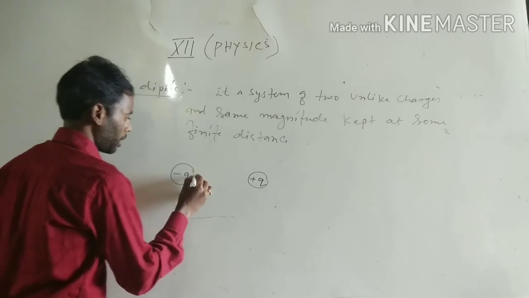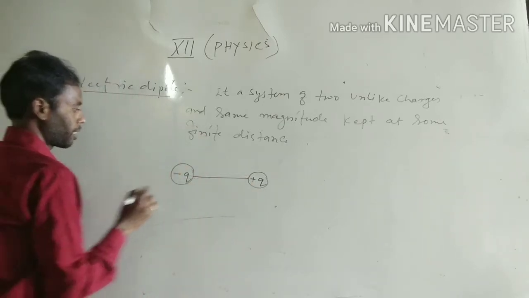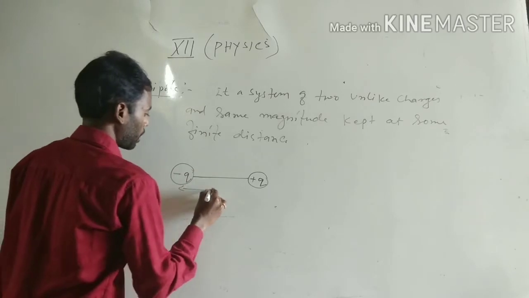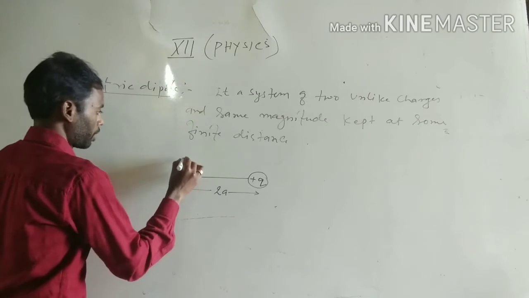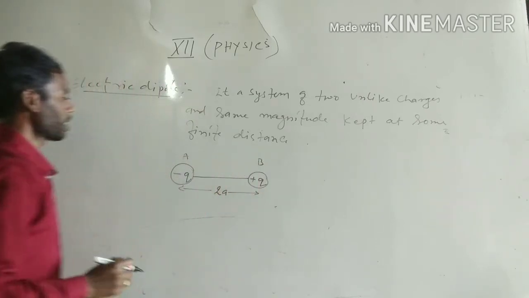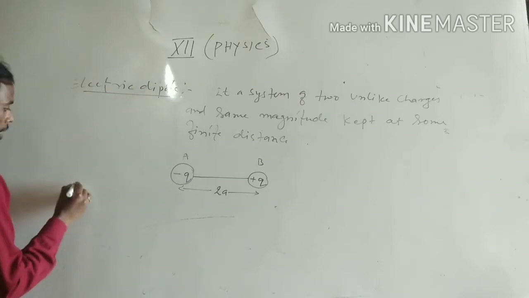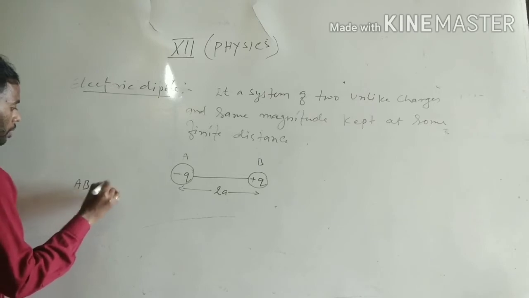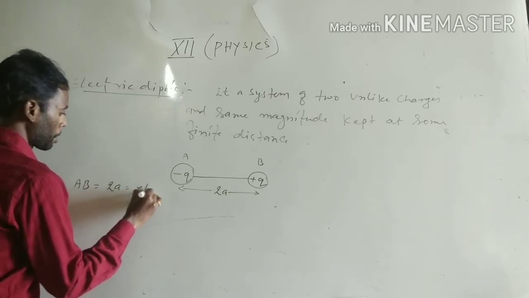These charges are kept at some finite distance. Suppose this distance is 2a. The points we can consider as A, B. That means AB distance. Then AB is equal to 2a. This is the electric dipole.